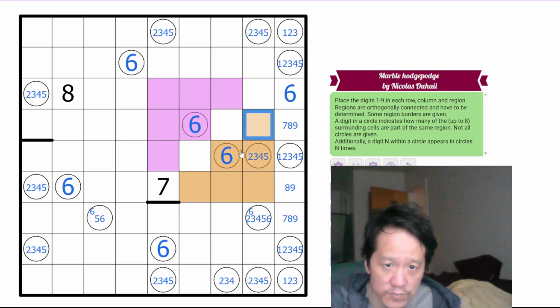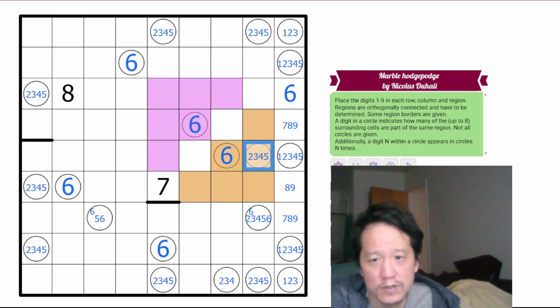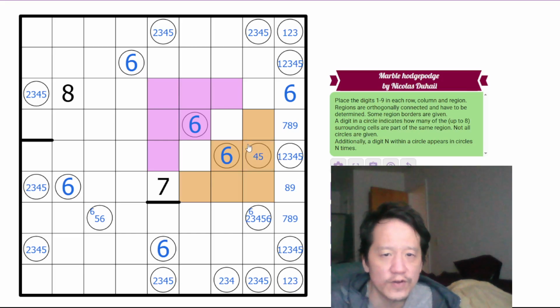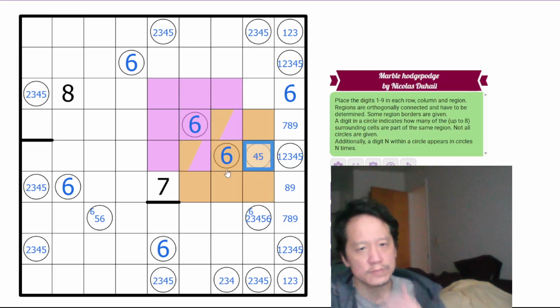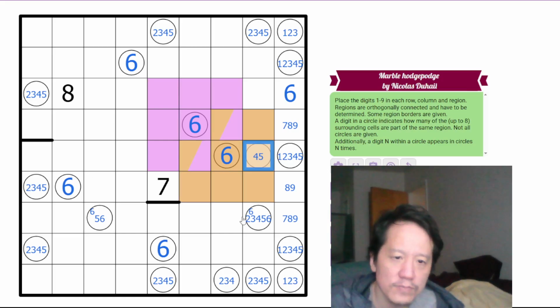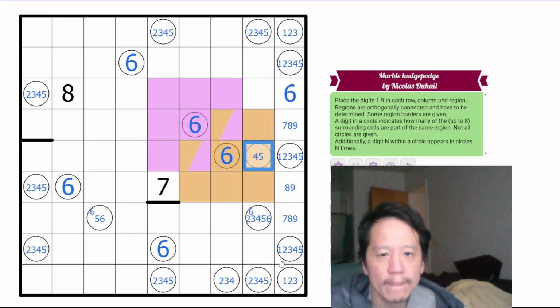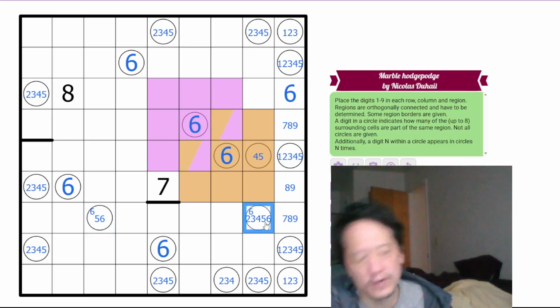This sees at least 1, 2, 3, 4. So this is 3 or 4 or 5. One of these is pink, one of these is orange. We're not sure which is which. So one of these is 6 and one of these is 5. No, this could be less than 5 here.